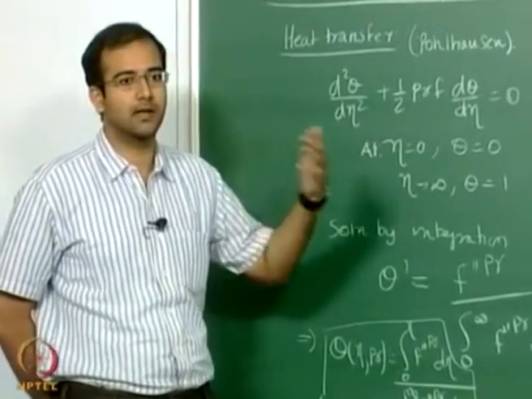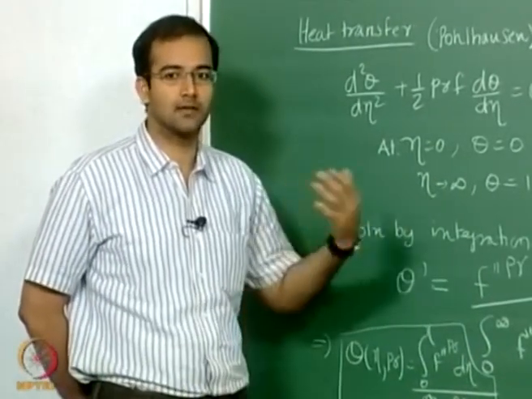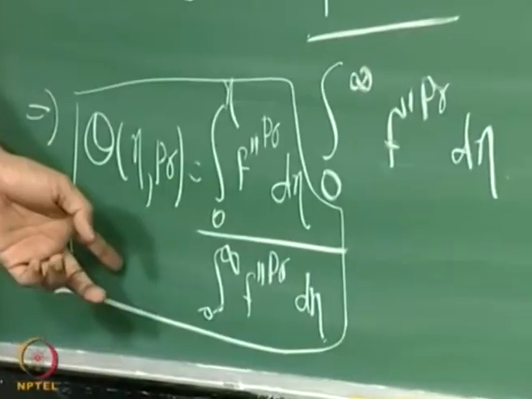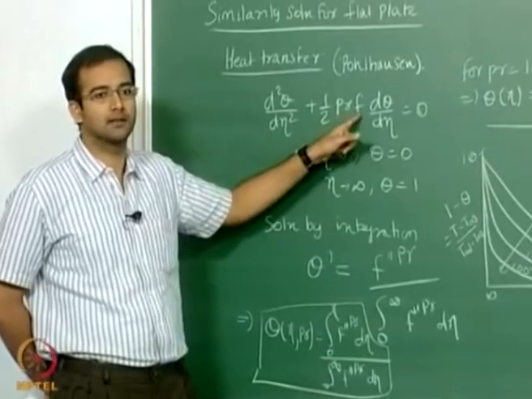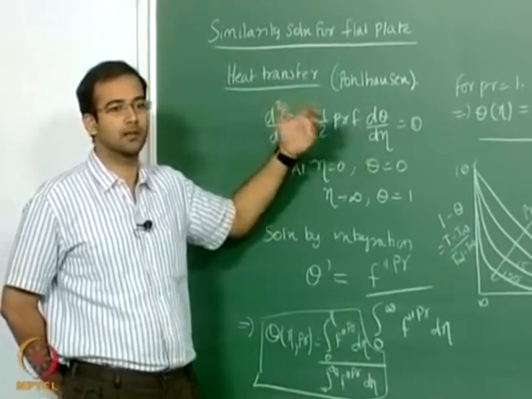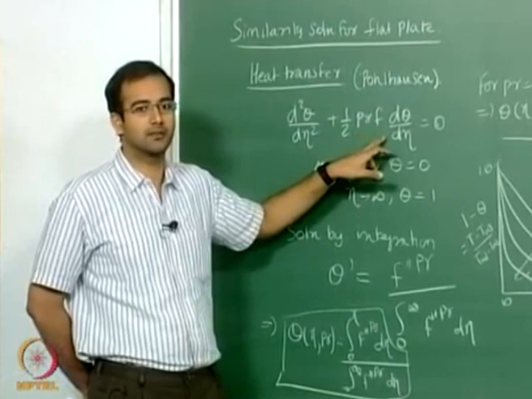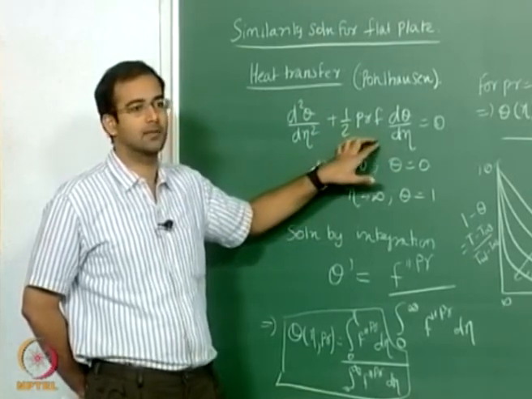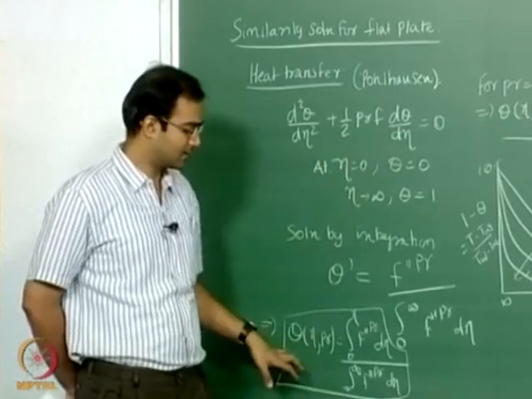So you solve the ODE directly numerically, so that also will give you the same solution for theta, but for all this the solution for f is required. Okay, so you have to solve both of them simultaneously, solve the momentum similarity solution. Once you get the value of f, you substitute into the energy similarity solution, find the solution for theta.